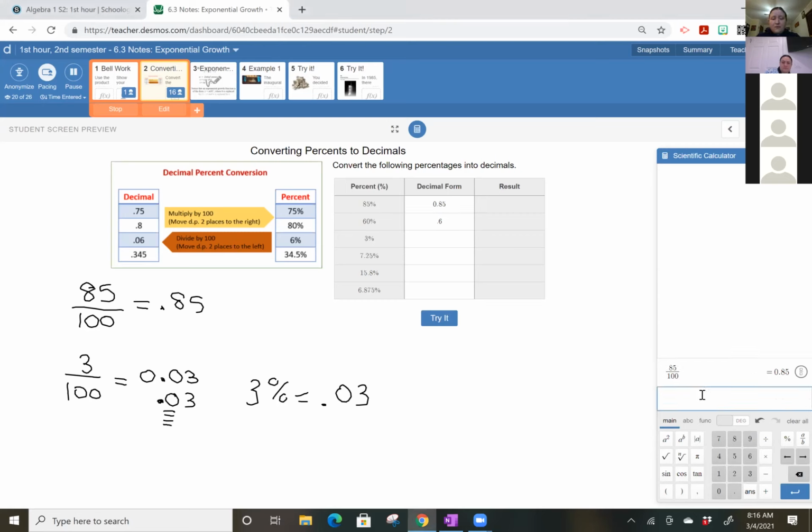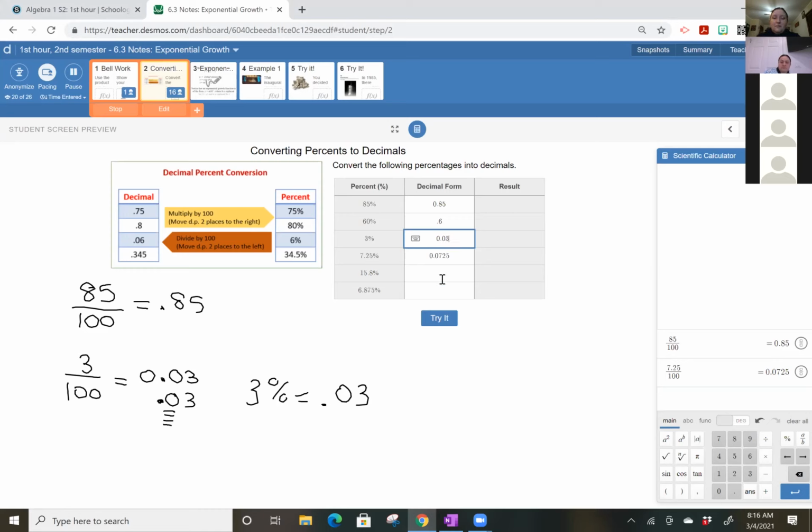7.25. 7.25 divided by 100. Another thing that I notice, students tend to leave off some decimals, some place values. You have to write all of the numbers. So if it says 0.0725, you have to write the 7, the 2, and the 5. You can't just cut it off.